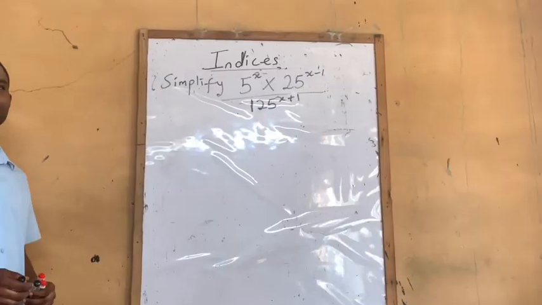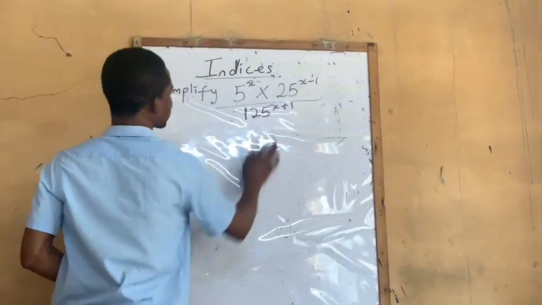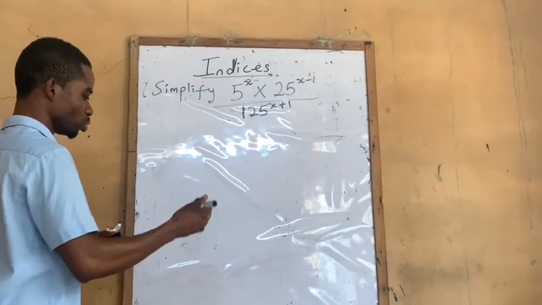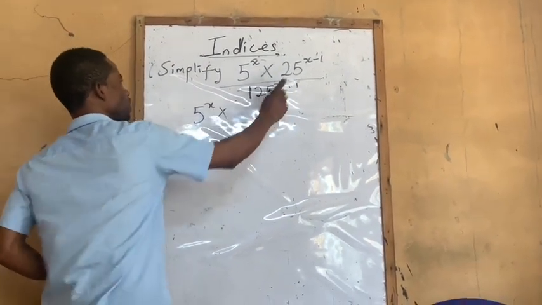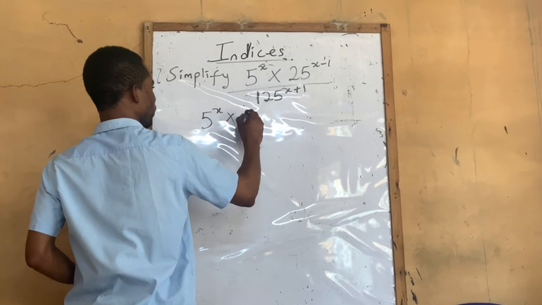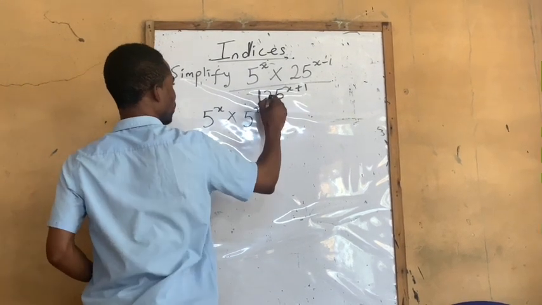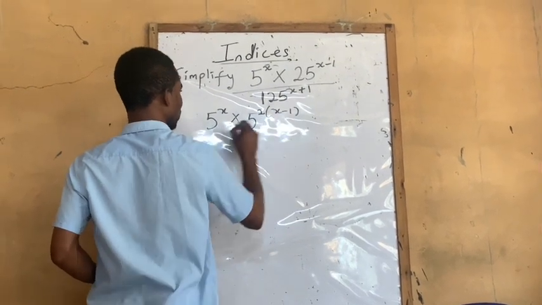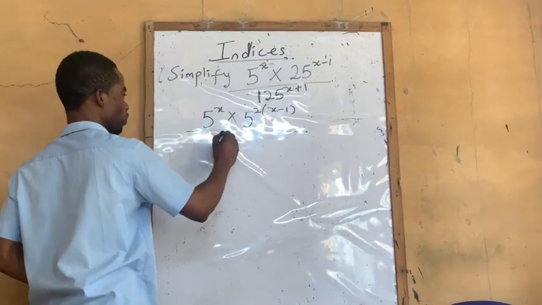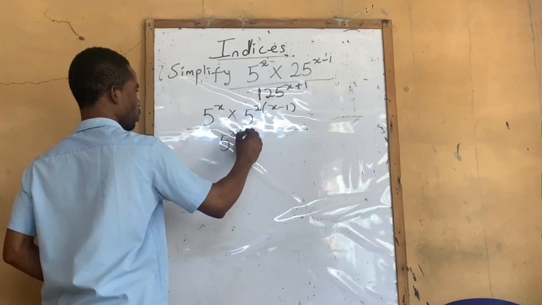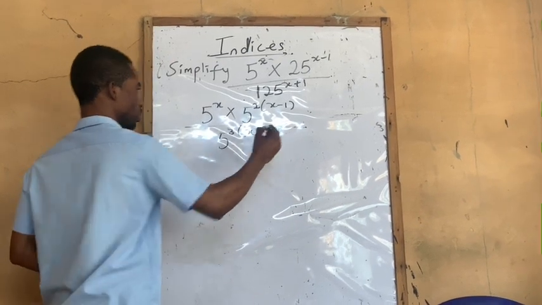Another question from you. Now, when you have something like this, we should simplify this. What do we do? That is 5 raised to power x times, put this guy in index form, 5 raised to power 2, open a bracket, x minus 1, all over, put this guy also in index form, 125, that is 5 raised to power 3, into bracket, x plus 1.